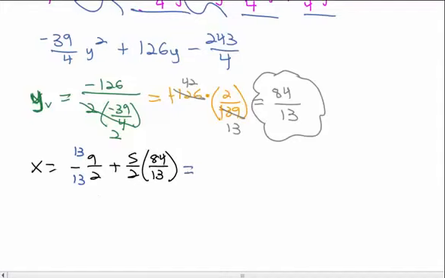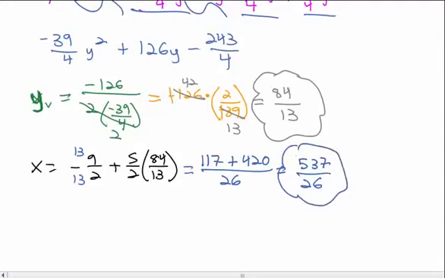So that's going to give us 13 times 9, which is 117, plus 84 times 5, which is 420, over the common denominator of 26. 117 plus 420 is 537 over 26. So that's the x, and that's the y that will minimize this function.